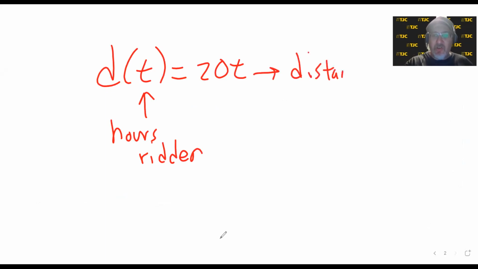That's why the function is called d. If your input and output have meaning, then we can calculate distance traveled based on hours ridden, or we might even be able to calculate hours ridden based on distance traveled. And that's actually what this question is asking.